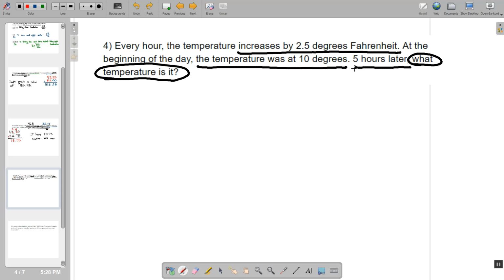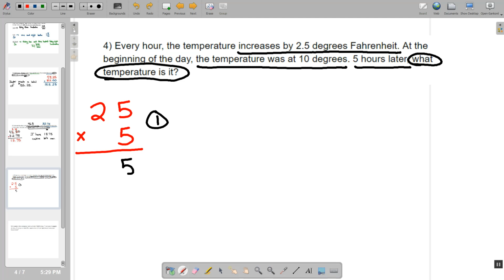So we could do addition. We could do 2 5/10 added 5 times, or we could multiply 2 5/10 times 5. And when we multiply numbers, what we do is we pretend the decimal place is not there, and we count the number of digits that were behind it total, which was 1 digit behind the decimal total.